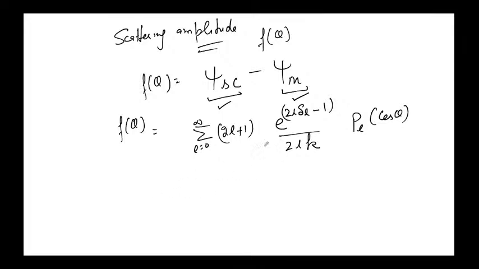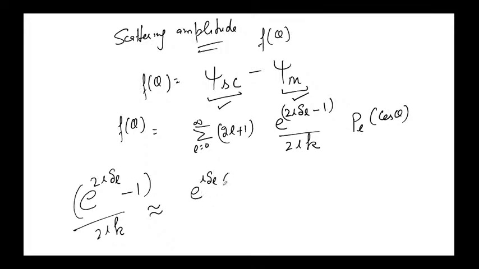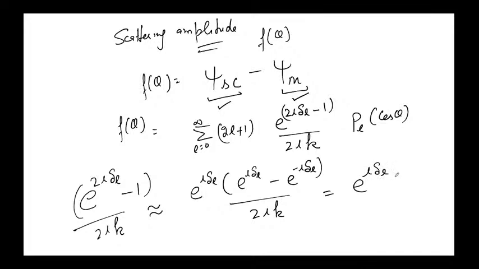So this expression, exponential of 2i sigma_l minus 1 over 2ik, we can write, if we take exponential of i sigma_l as a constant, over 2ik, as exponential of i sigma_l over k into sine of sigma_l.